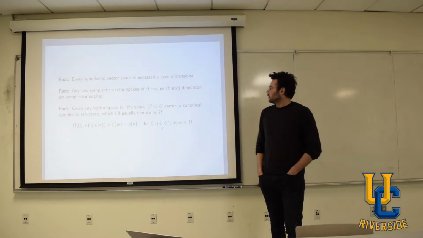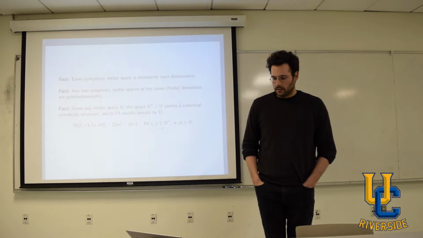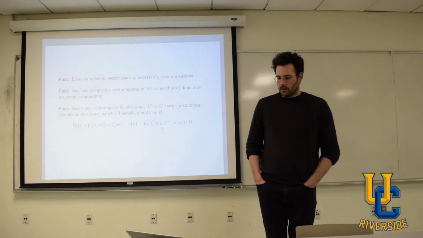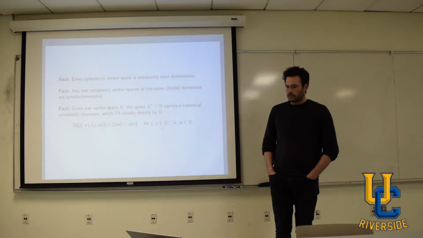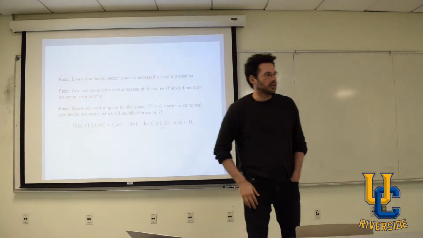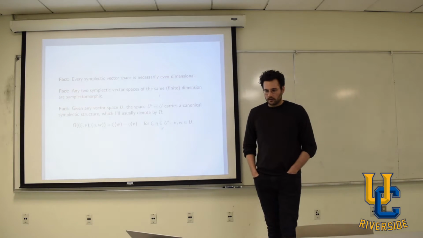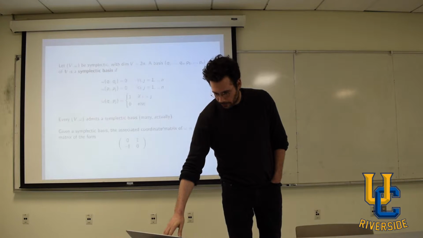There's a certain way to get a symplectic vector space from any vector space, which is kind of a doubling construction. You take a vector space U, and you take the direct sum with the dual, and you can define this form, which I call capital omega, to emphasize that it's something special, canonical, and this is a symplectic structure on that space.